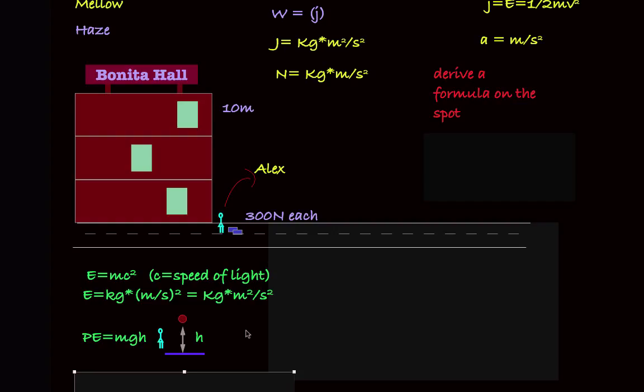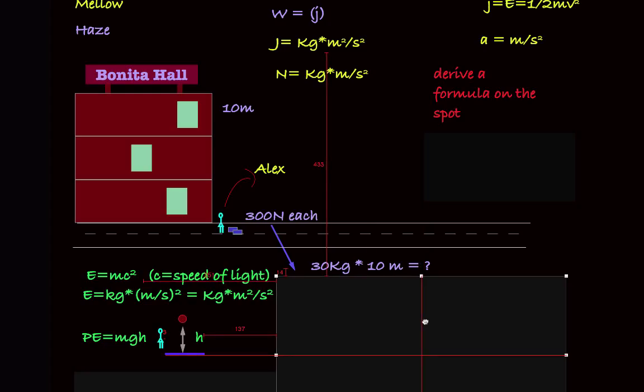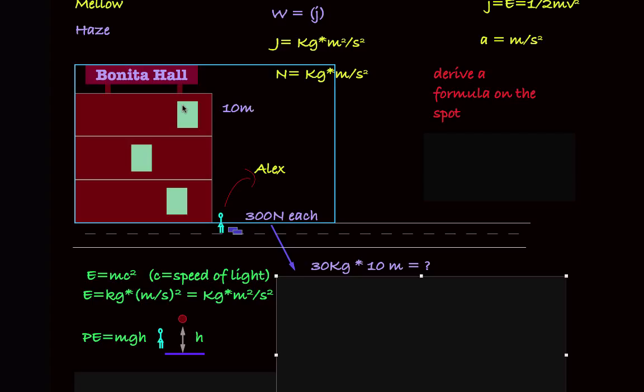Okay. Now, let's assume that we didn't get the benefit of knowing that Alex used 300 newtons of force on each one of her suitcases. Instead, we got something like she had 30 kilogram suitcases, and she had to move up 10 meters. Now, in this case, we have no units of force.